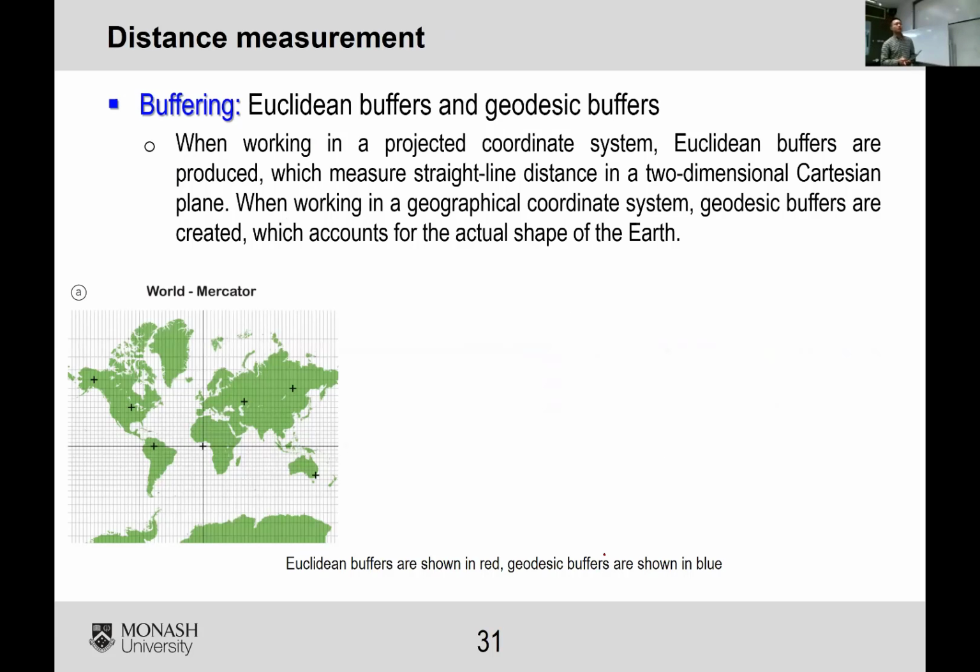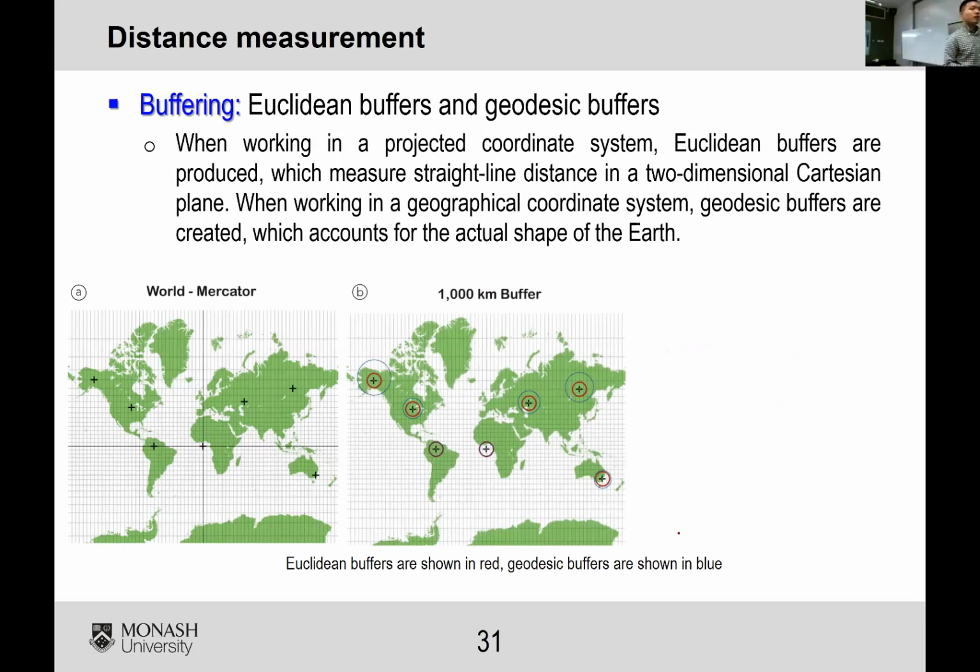So if we're talking about a large area, then the buffer with the distance is no longer a circle, right? It should be an ellipse.